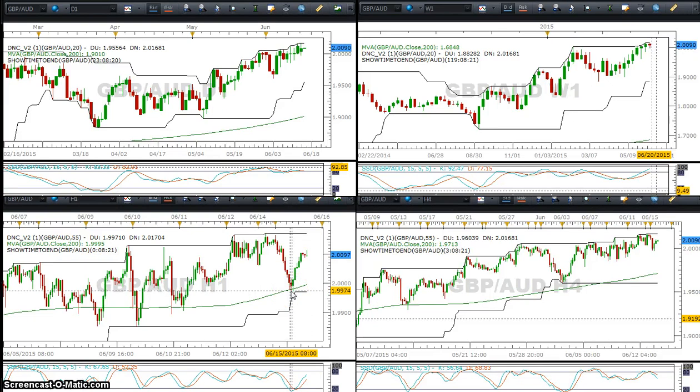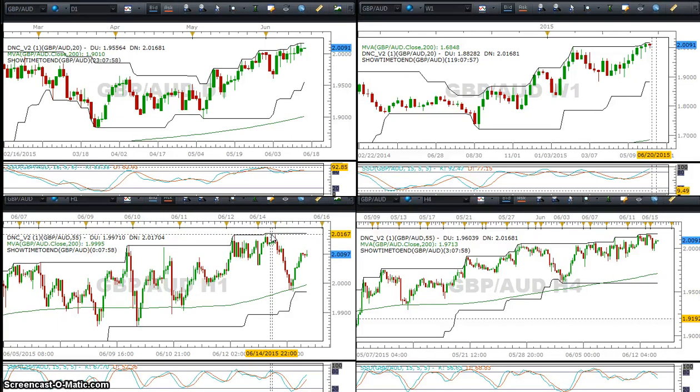So where I'd be setting a price alarm on this pair would be at that upper channel, and that'd be about 2.0170. I'd want to take a look when that price alarm goes off to see how the other pound pairs are moving. Currencies move in tandem.